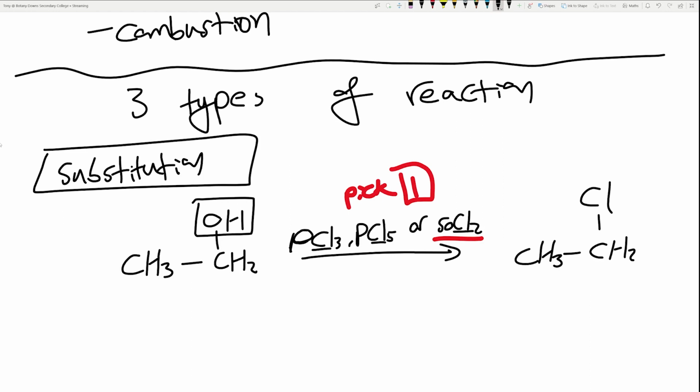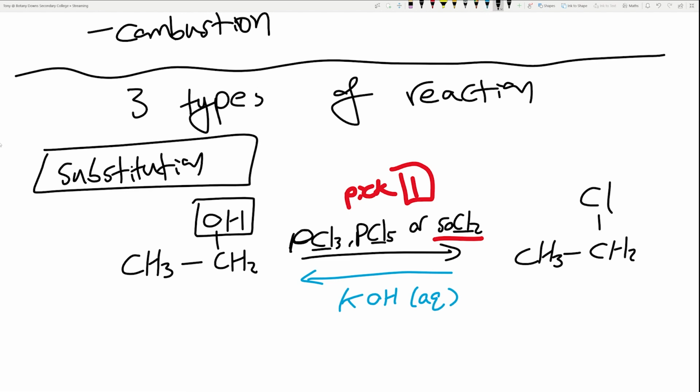So you essentially just change the OH to Cl, and this is where I would bring back some of the stuff that we've done previously. How do I turn the Cl back to the OH? Hopefully you remember you need your KOH(aq) to do this substitution. So this is also substitution.